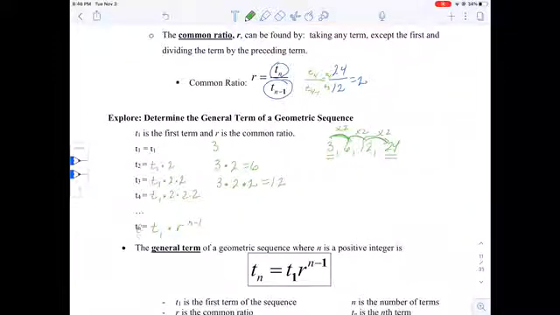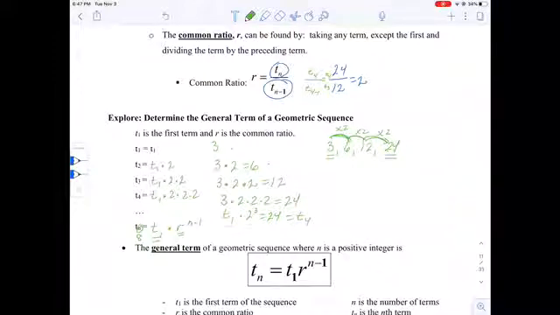So if I was looking here for my 8th term, for example, we would take our first term and multiply it by our common ratio 7 times. Instead of there being 7 differences, we're multiplying by 7 common ratios. Down here we did 3 times 2 times 2 times 2, which gives us 24. Our first term, T1, times 2 to the power of 3 is equal to 24, and that was our 1, 2, 3, 4, fourth term.